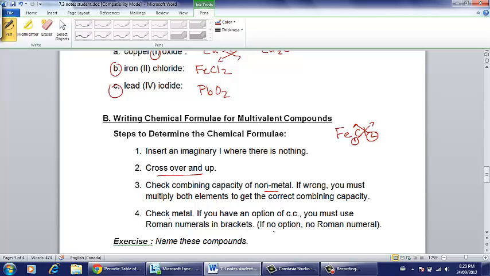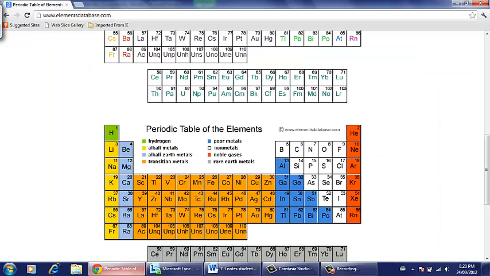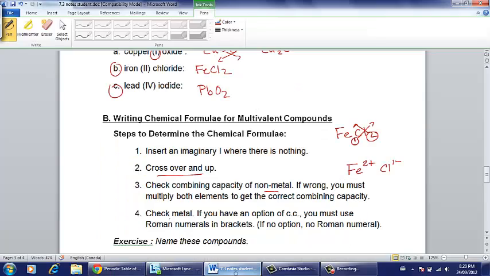If you have an option, you must use Roman numerals. So this means we have, let's just uncross this here, Fe2+ and Cl1 negative. We've got to check the chlorine. So we look at our periodic table. Chlorine's in this halogen family where they all have 1 negative, so it's correct. So we go back, and I don't have charges on my periodic table, but if you look at yours for iron, it can be 2+ or 3+.